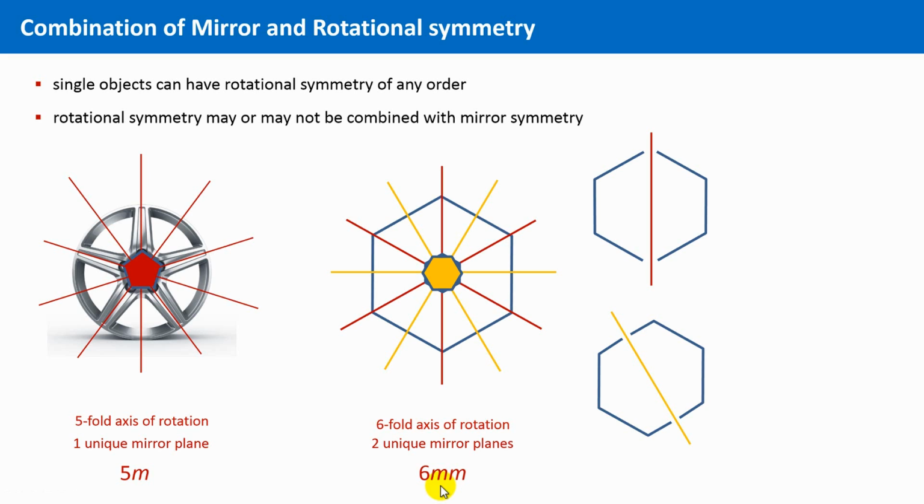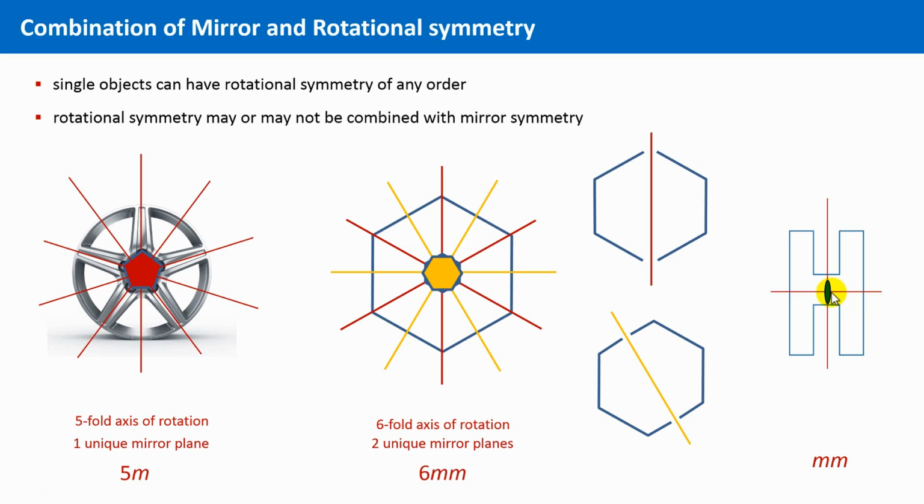I want to add one further aspect in this subunit relating to combining rotational and mirror symmetry. If you look again at this character h, with these two mirror planes, which are orthogonal to each other, perhaps you see that there is one additional symmetry element. Yes, of course, the twofold axis of rotation marked here with this green ellipse.